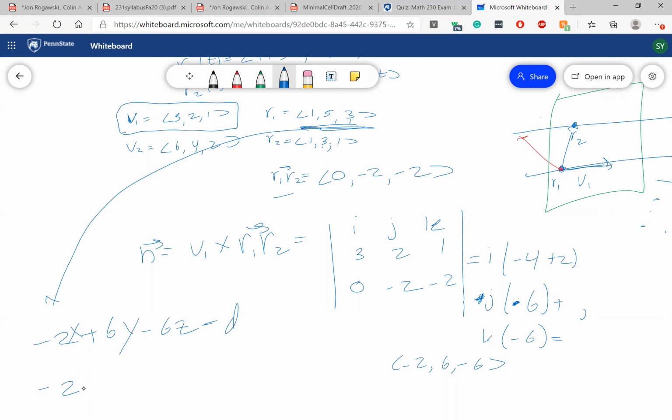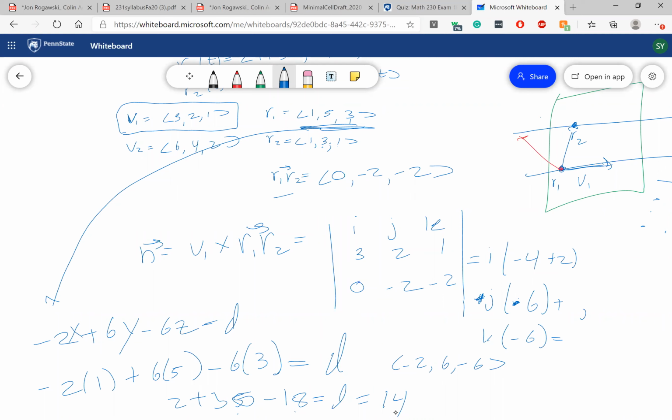So negative 2 times 1 plus 6 times 5 minus 6 times 3 is equal to d. That tells me that 2 plus 30 plus minus 18 is equal to d. So this and this give us 12, and it should be 14, I think. Okay.